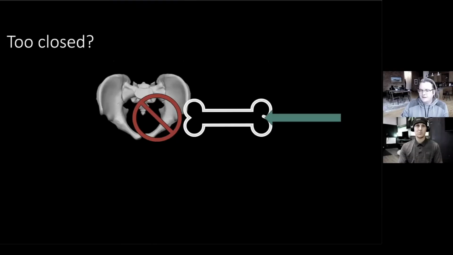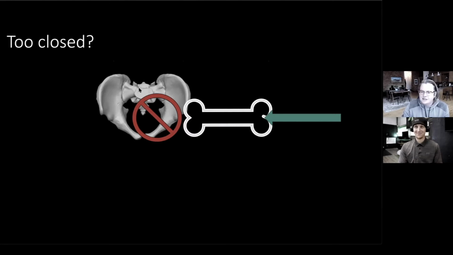This is an example to explain what's happening with the pelvis position. What we have here is a top-down view of the pelvis. The right side of the screen would be the direction of home plate. This green arrow is the energy being transferred from the ground into the femur, and this is our anatomical femur in this document.